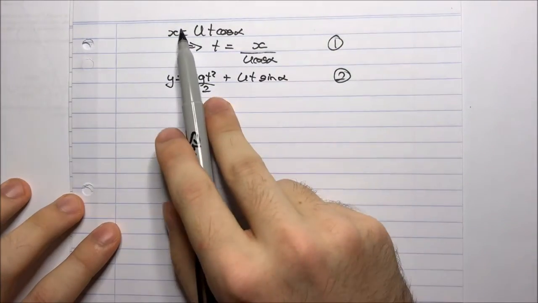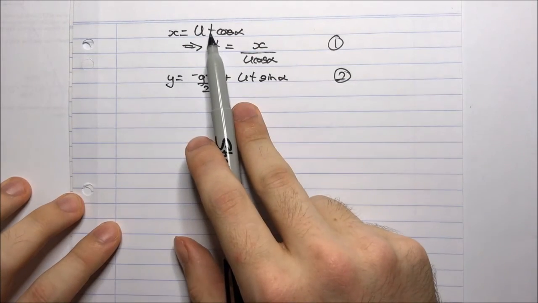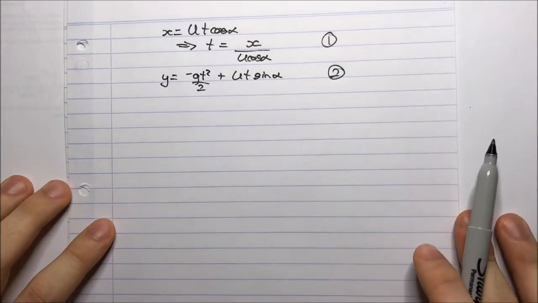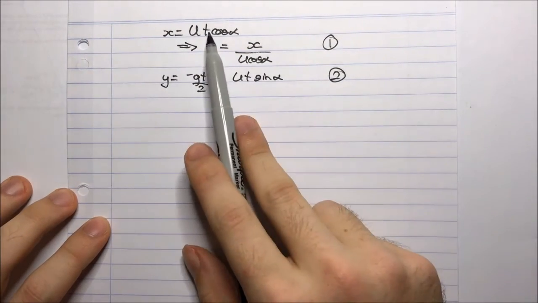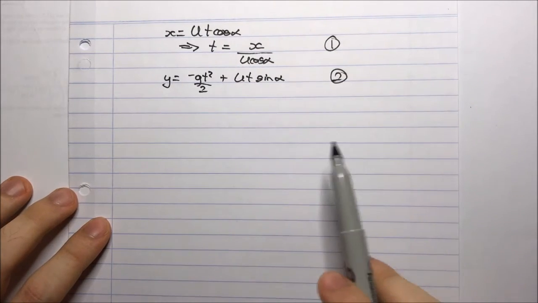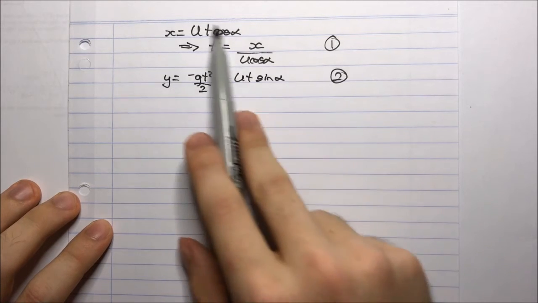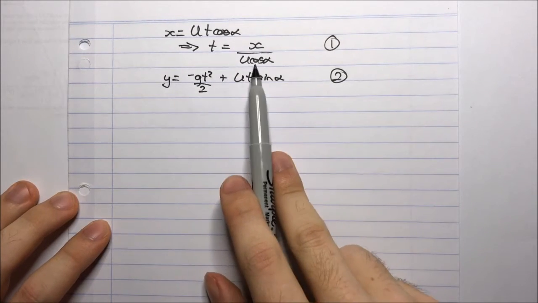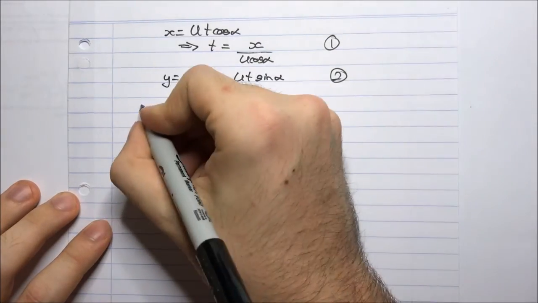Now you can see that my individual components x and y were both in terms of t. So this is kind of like a parametrics sort of question where I have x and y defined in terms of one variable. So I really have one variable that describes the motion. Sort of like that, but not really, but we can think of it in that manner. And so I can eliminate this variable t to get y in terms of x. And so let me do that. Let me substitute 1 into 2.